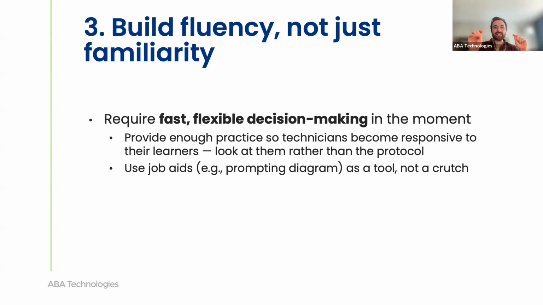And the problem with that is that it really slows down your trial counts. And then it's also difficult, if you're rotating programs, to remember where you left off the last time you ran that program. And so not only can technicians become dependent on job aids, they can also become dependent on those kinds of cues from the data collection system. And so interspersing trials with prompting and error correction should be a really key goal here.